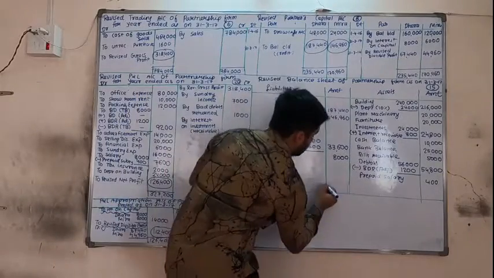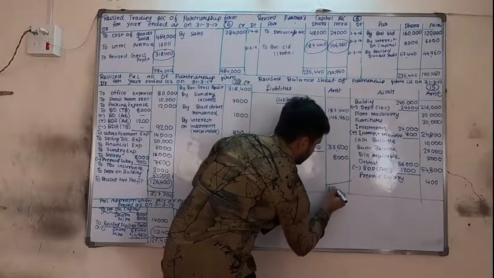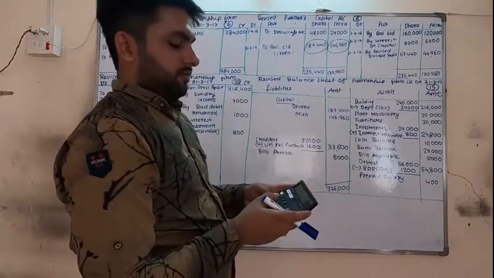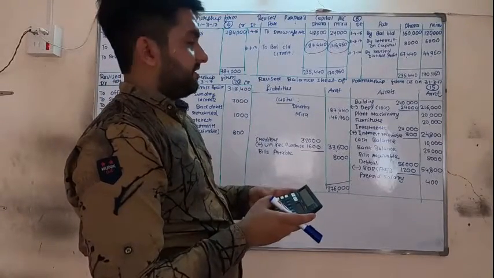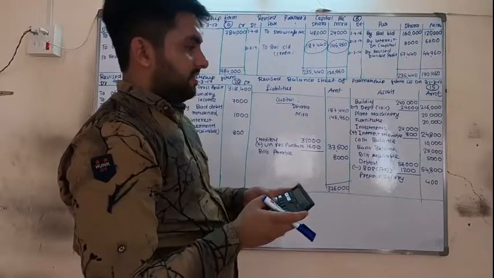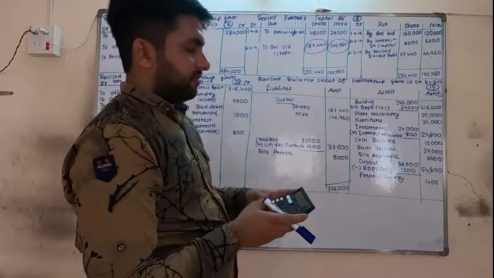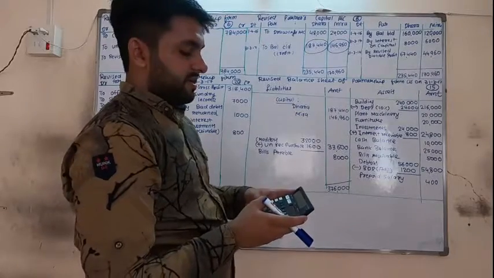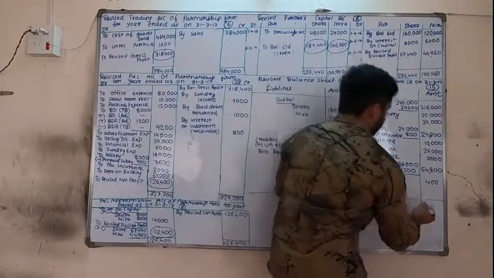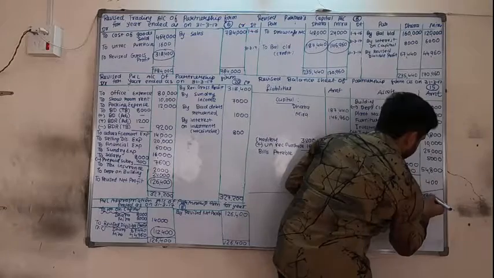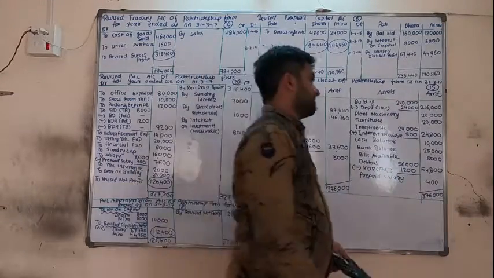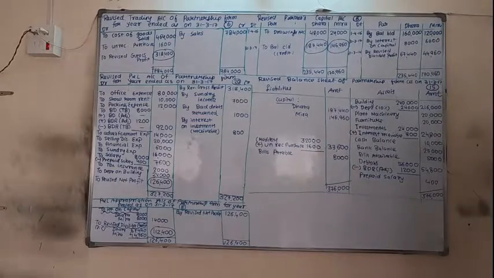It is 3,76,000. Let us check: 2,16,000, 20,000, 20,000 again, 24,800, 10,000, 25,000, 5,000, 54,800 and 400. It is exactly 3,76,000. Okay friends, so that's all for today.